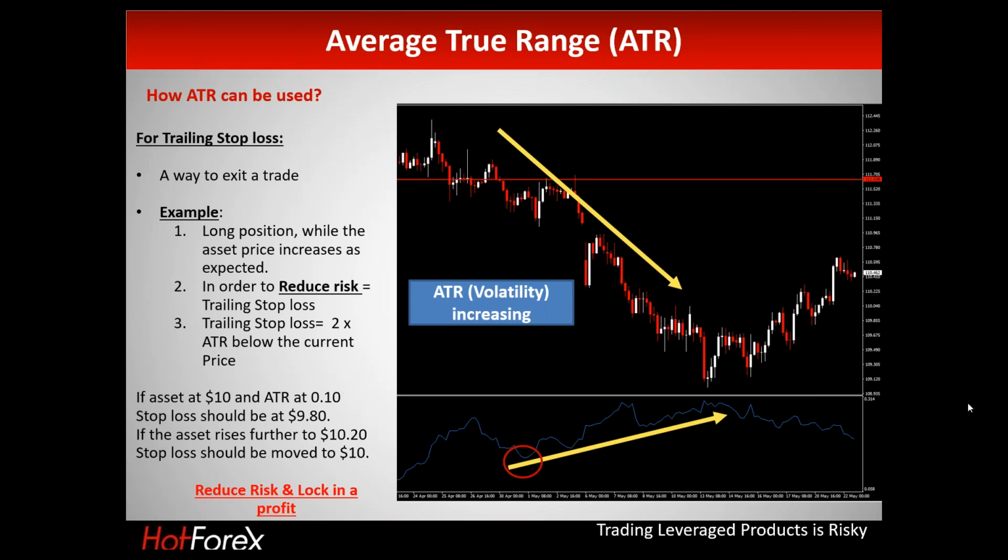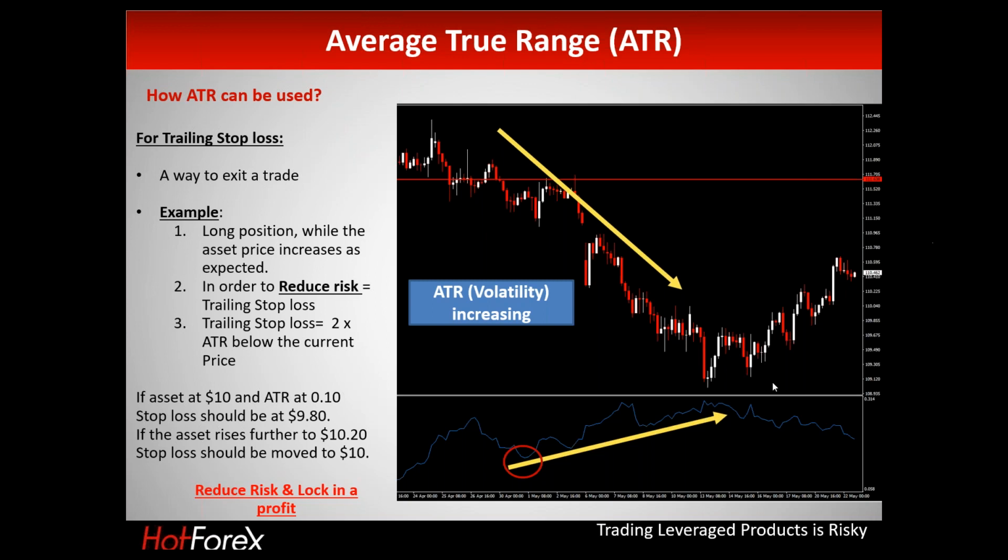So trailing stops are adjustable. As the price moves in your favor, let's say we're in a long position. Let's say that we have entered on this rebound and opened a long position instead.